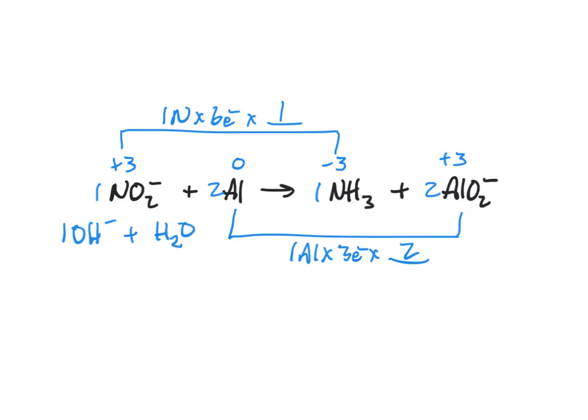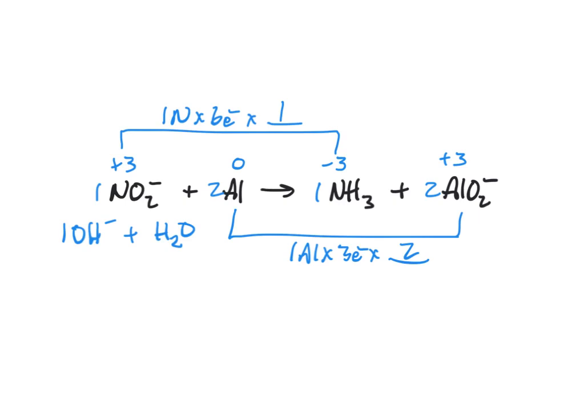So now I have 1, 3, and 3, so my hydrogens are okay. All right, now the oxygen should have just fallen right into place. So on the left-hand side, I have 1 O, 2 O's, 4 O's total on the left. 2 times 2 is 4 O's on the right, and I should be good.